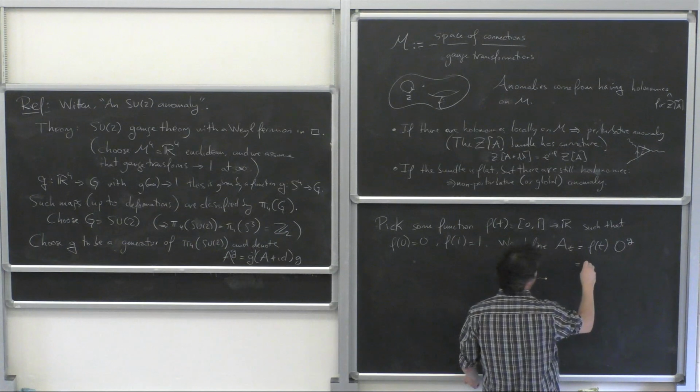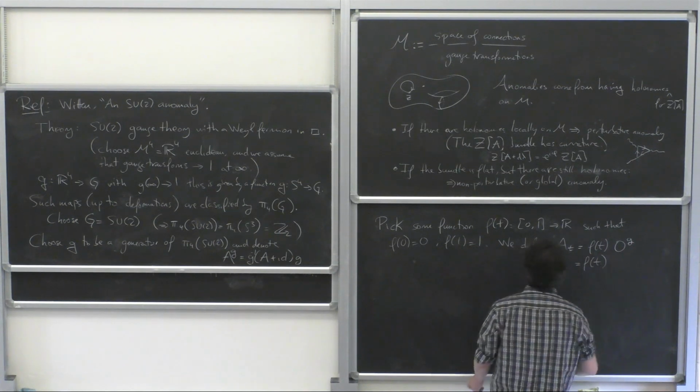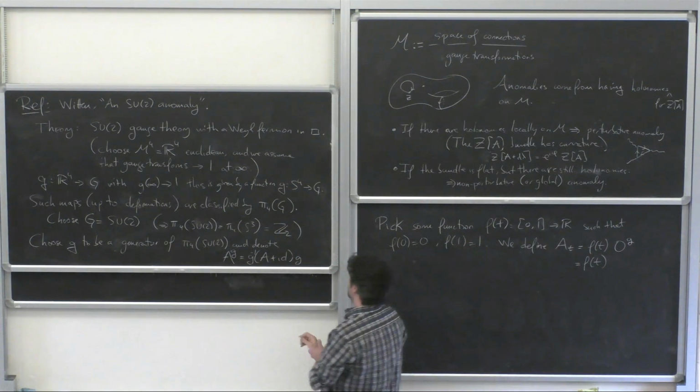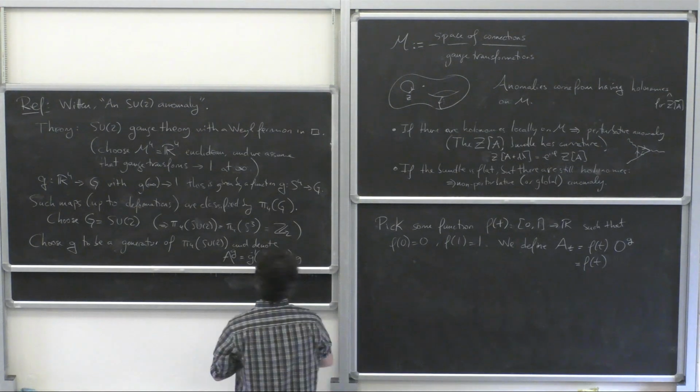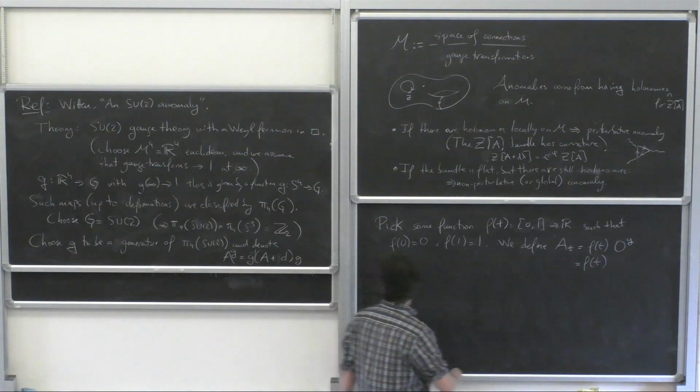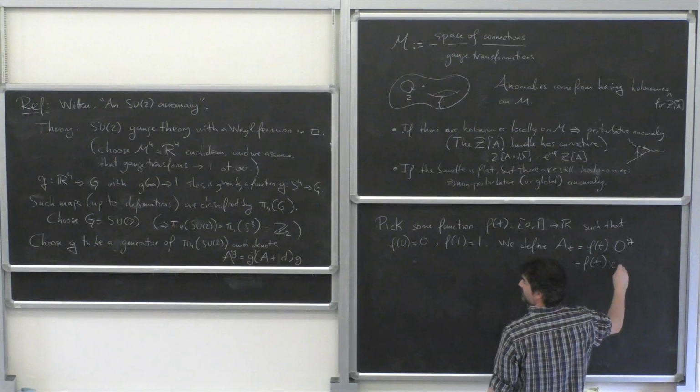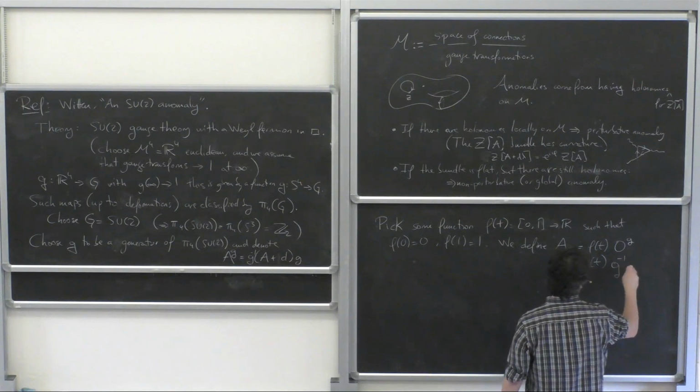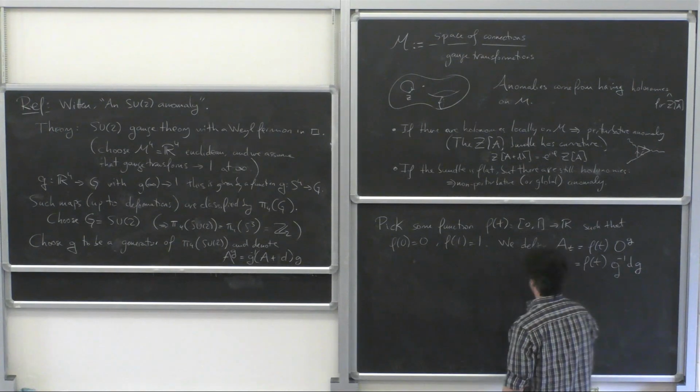So more concretely, that's f of t and then g minus 1 dg.